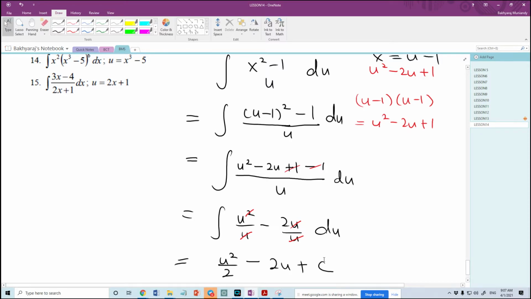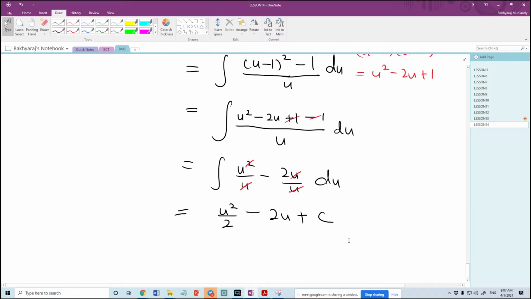Now we need to substitute back. What is our u? Our u is actually x plus 1, right? So I need to substitute back. Kita substitute balik 1 over 2 bracket x plus 1 square minus 2 times x plus 1 plus c.